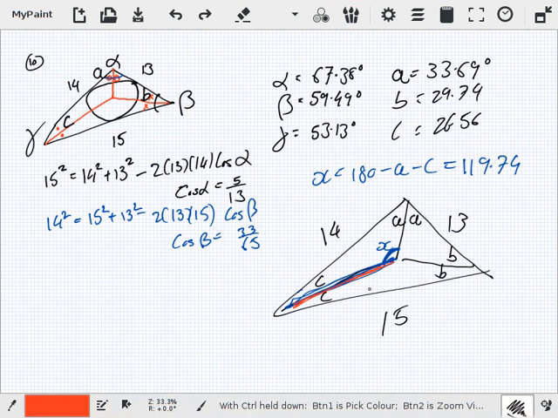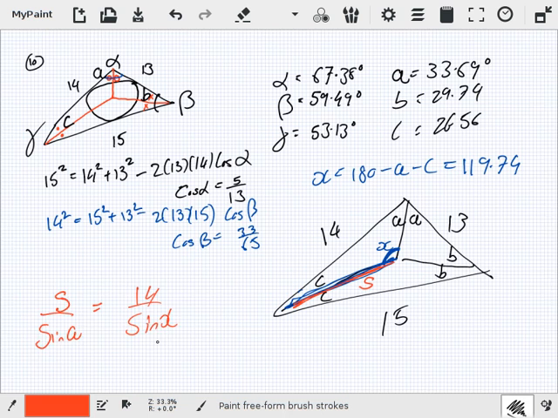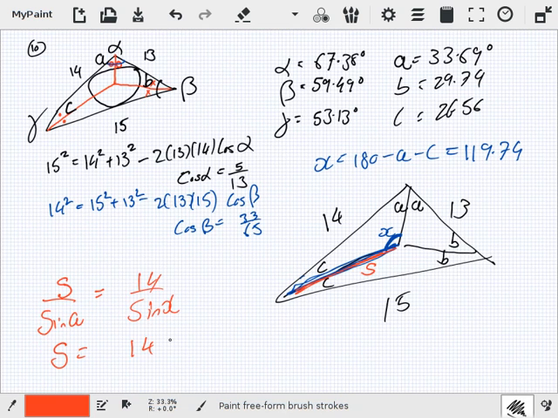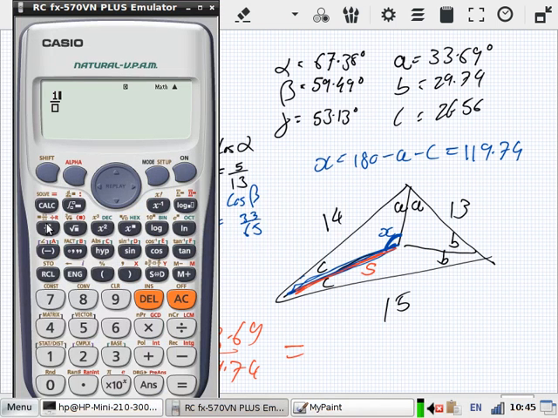D. No. S. Okay, so I can say S over sine A equals 14 over sine X. So now I have S equals 14 sine 33.69 over sine 119.74 equals, right, let's get this now, 14 sine A over sine X. We have the sine A, right?